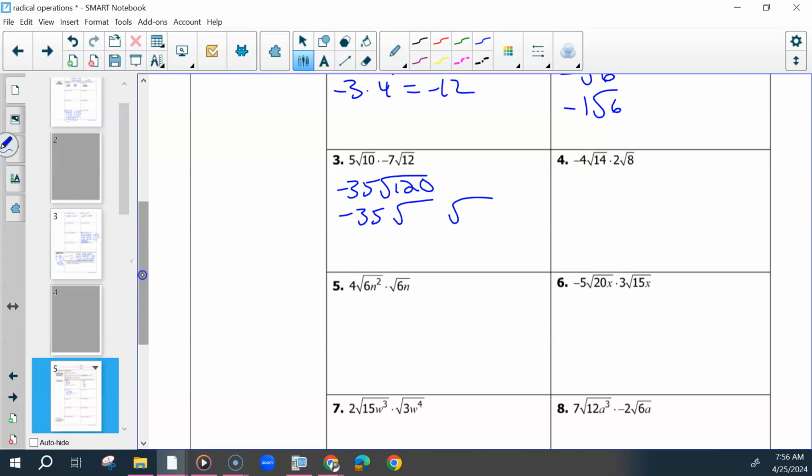Only one that really works. Those aren't perfect squares.